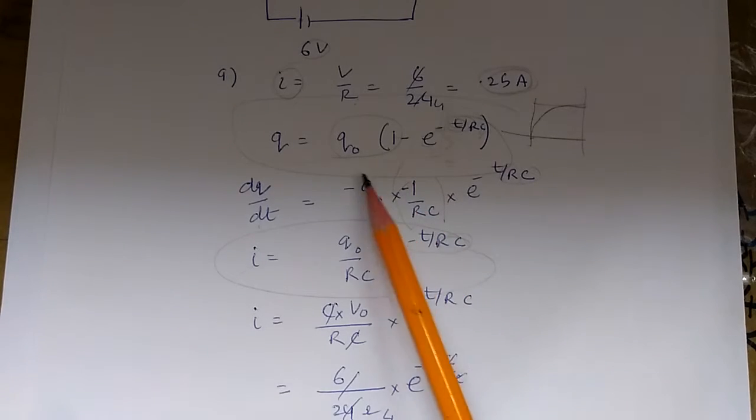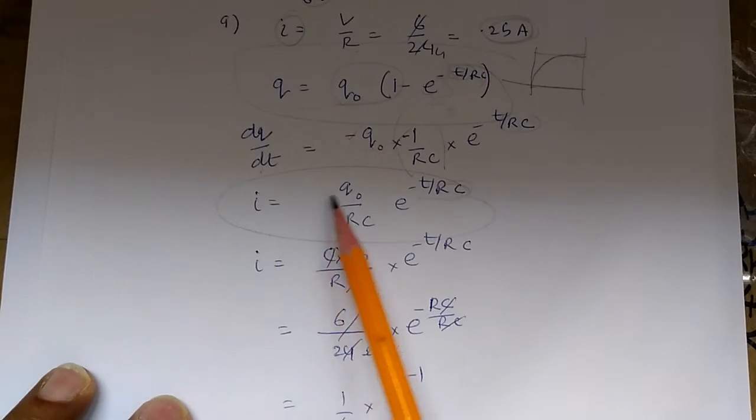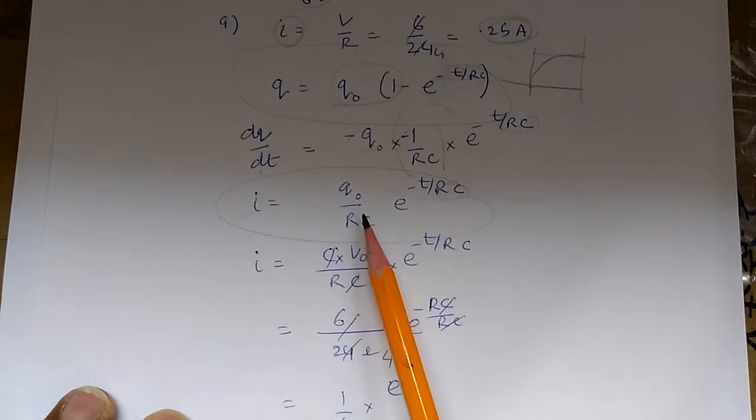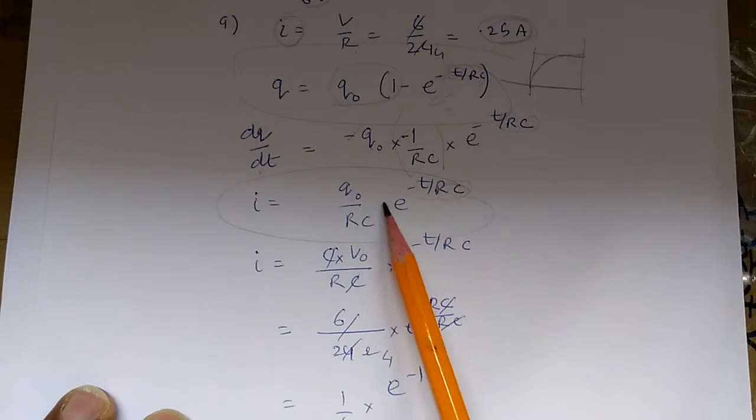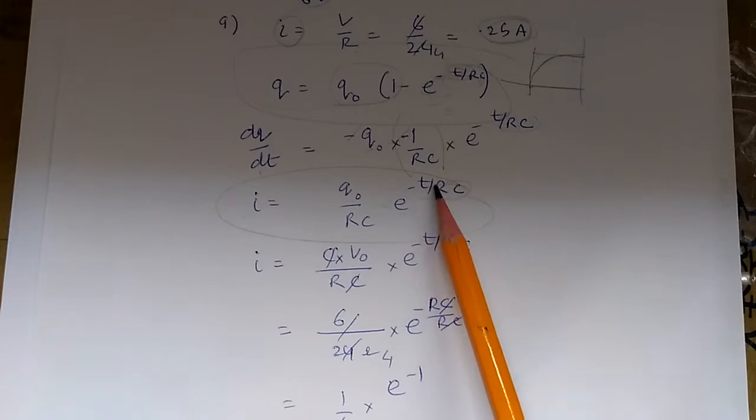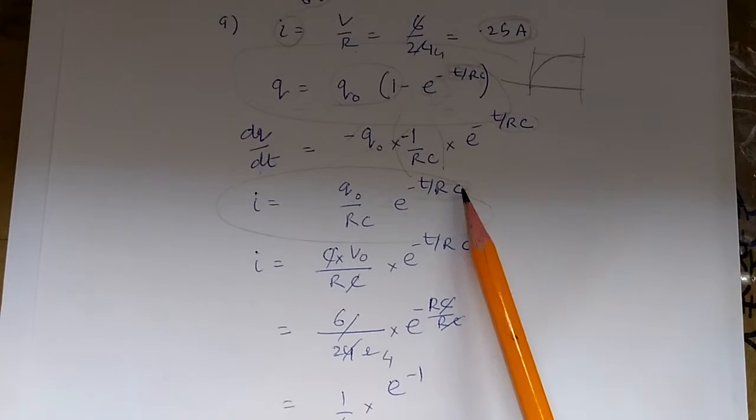Minus minus cancels, so I is equal to Q naught divided by RC multiplied by e to the power of minus t by RC.